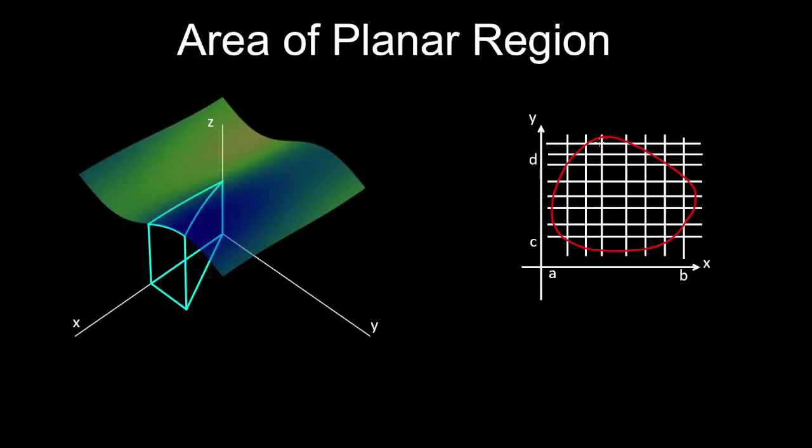Recall that for a general region that's bounded in the xy plane, we use the limit of the Riemann sums to obtain a double integral of a function of two variables over the region. And for a positive function, this gave the volume enclosed by the region in the plane and the surface defined by the function.